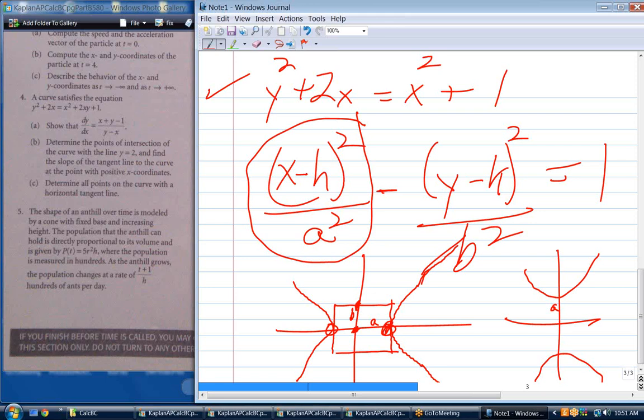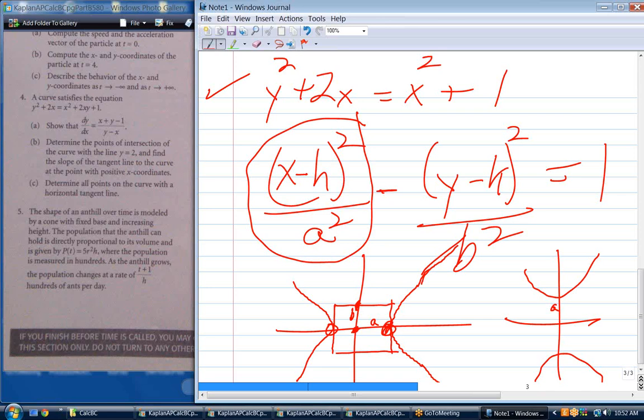And A always goes on the major axis. A is always measured halfway between your two major vertices. Okay, I see, no matter where it is. In other words, I've drawn it at the origin, but regardless of where it is drawn, A is going to be half of the distance between the two major vertices. Okay.